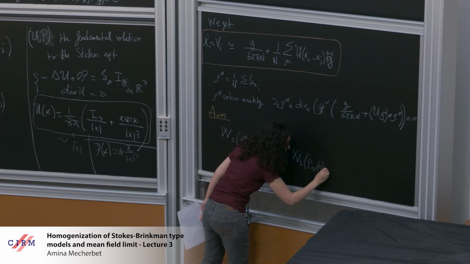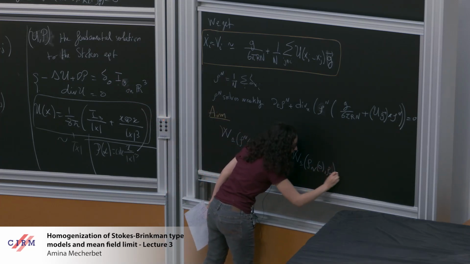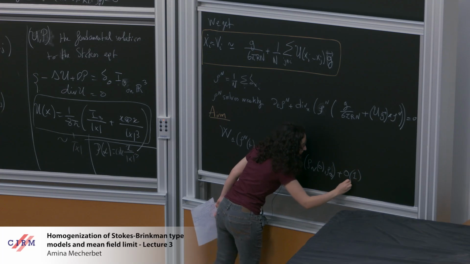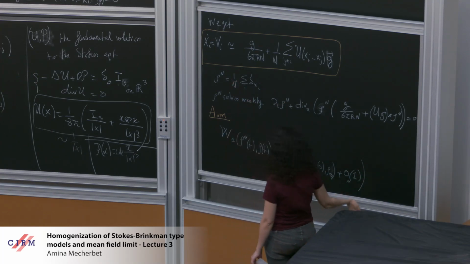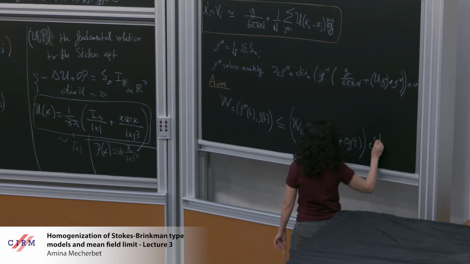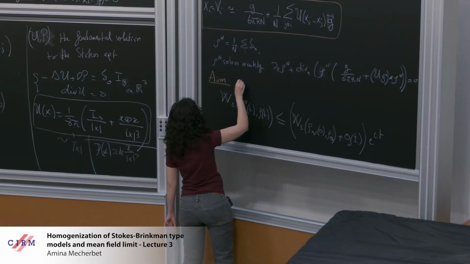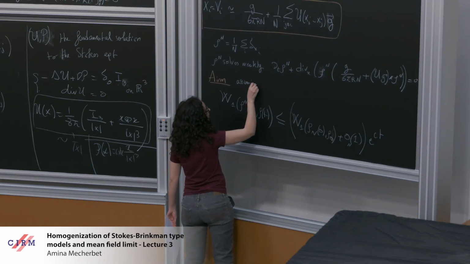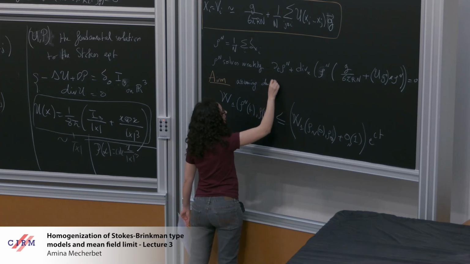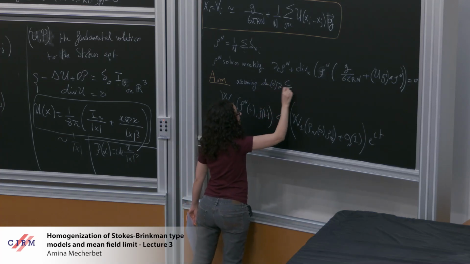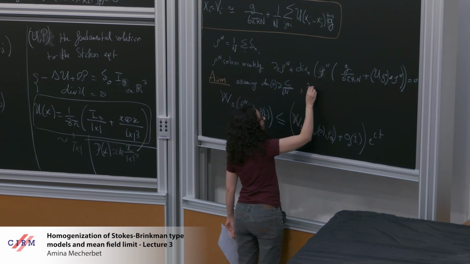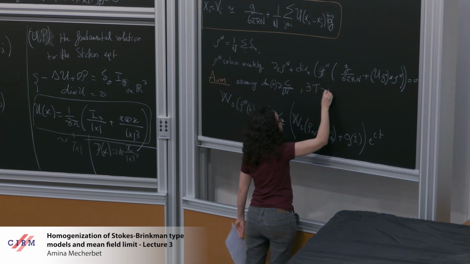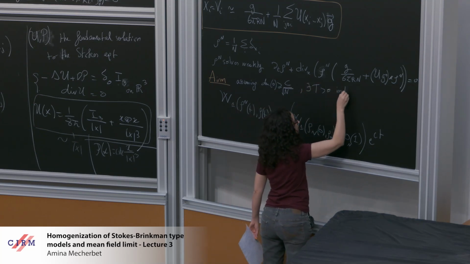At time 0, you need some error terms also, because this is not accurate. So, assuming, for instance, the minimal distance at time 0 to be like this, you can get some inequality at least for a finite time, independent of n.